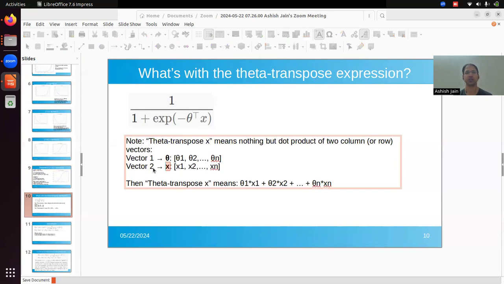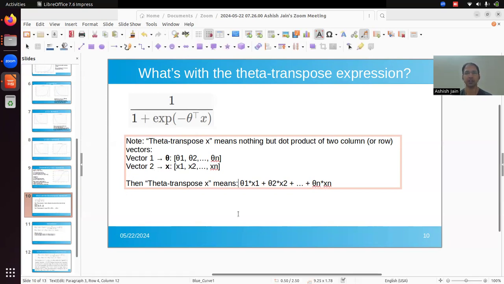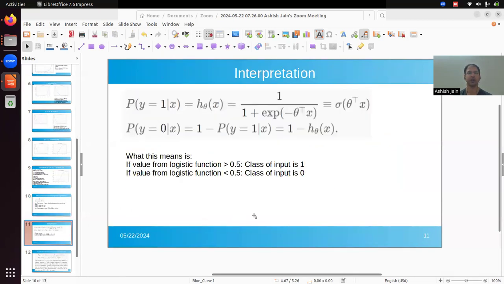Then theta transpose x means theta 1 times x1 plus theta 2 times x2 plus all the terms up till theta n times xn.